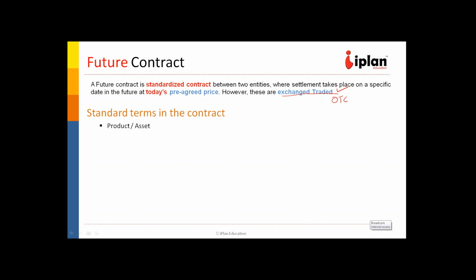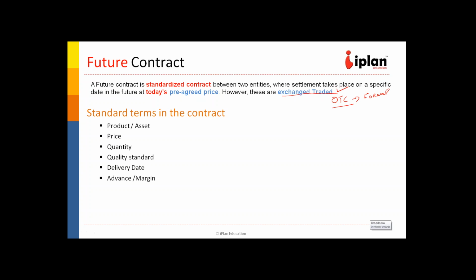So future contracts are exchange traded and forward contracts are traded over the counter.